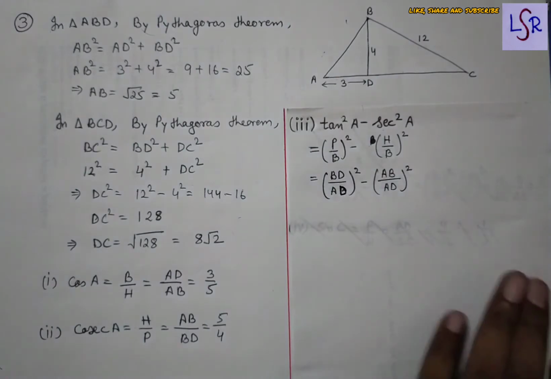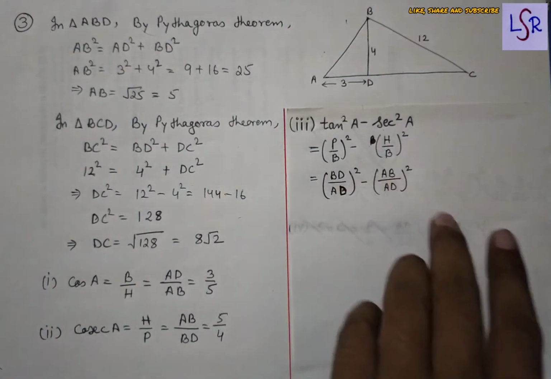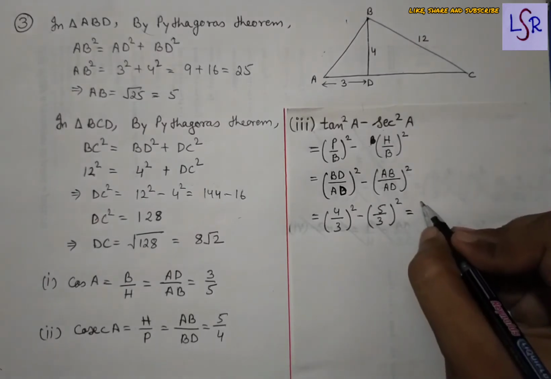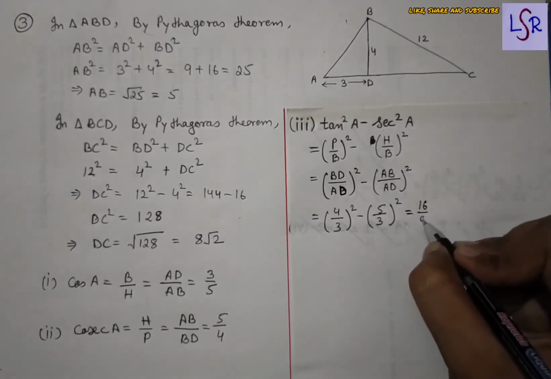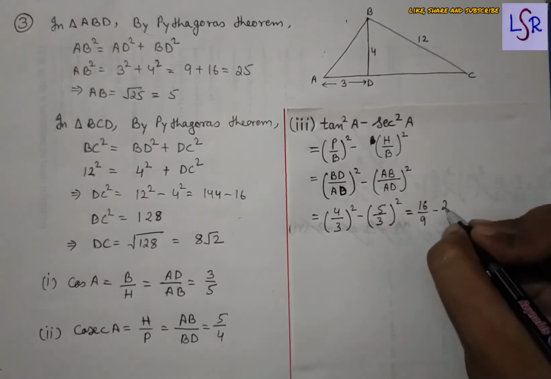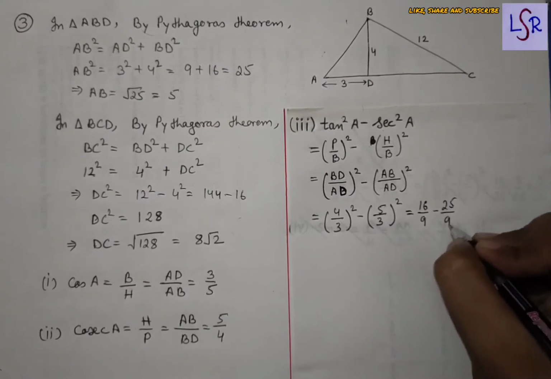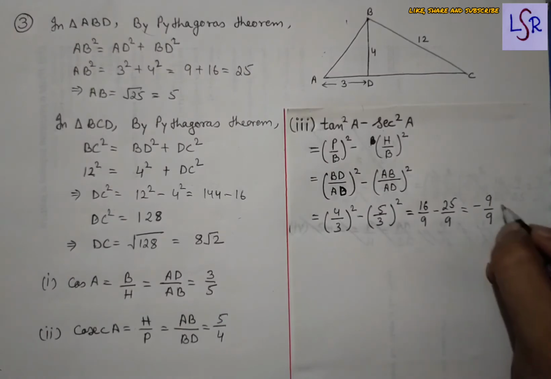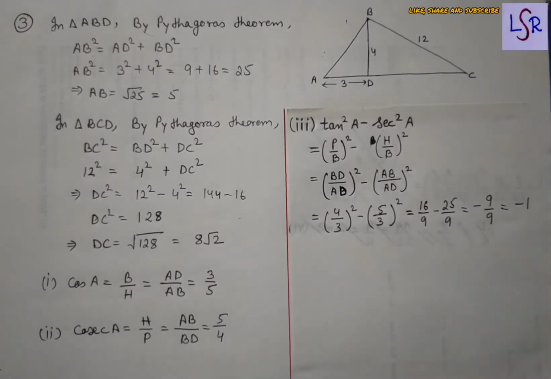Now place the values of BD, AB and AD. Replacing the values and solving it, we get 16 by 9 minus 25 by 9, and that is equal to minus 9 by 9 equals minus 1.